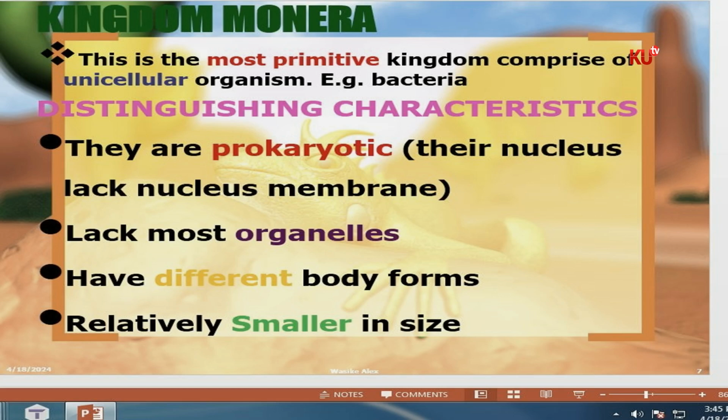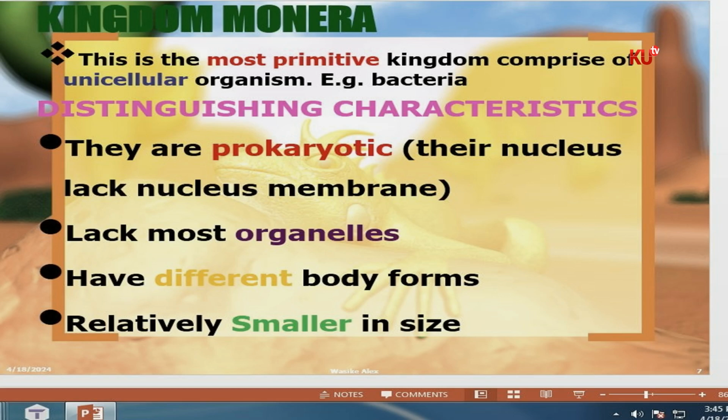So what about the mode of movement? Because one of the characteristics of living organisms is movement. How are these organisms able to move? We are being told that the majority of these organisms are motile, and therefore they move by means of a certain feature.